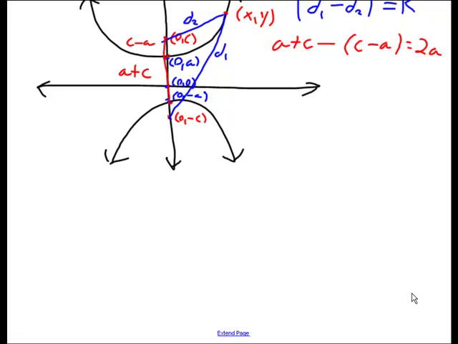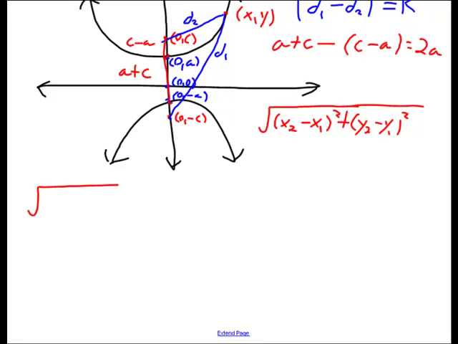So let's calculate what these distances are going to be. If you remember our distance formula, distance is the change in x plus the change in y, each of them squared, and the square root of the entire thing. So if we apply that here, what is our d1 going to be? Our d1, the distance, is the square root of (x minus 0) squared plus (y minus negative c) squared.